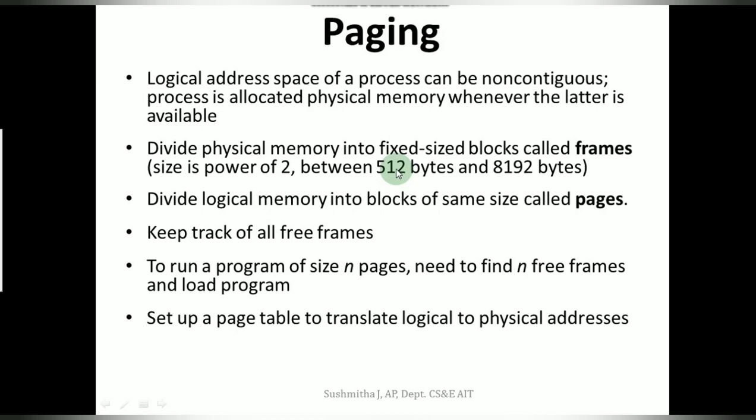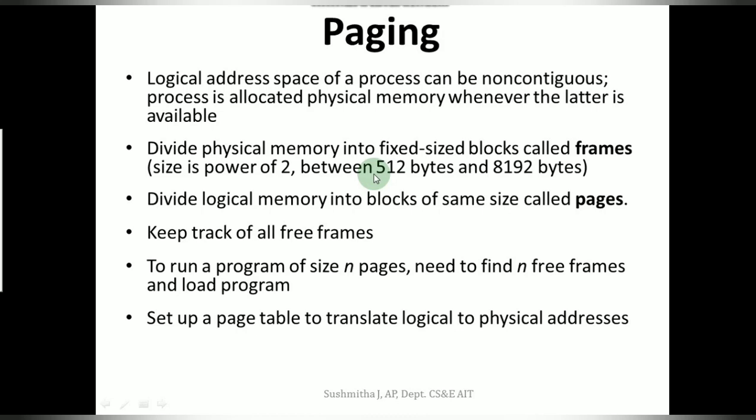The size of the frame or page should always be a power of 2. I can have it like 512, 1024, 2048, and so on. So when a process is to be executed, its pages are loaded into the available memory frames.